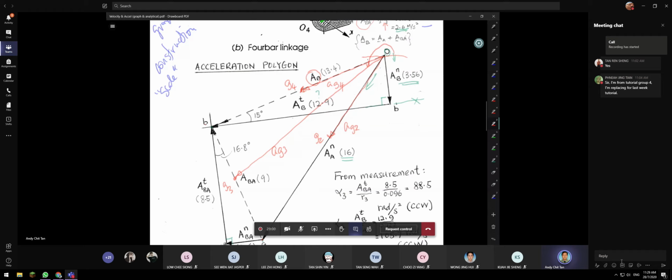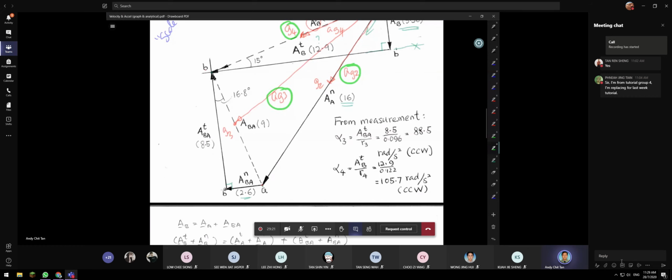So now you know how to find AG2, AG3, and also AG4. You need this value for your calculation. Once you know your AB tangential, you can find your alpha 3.